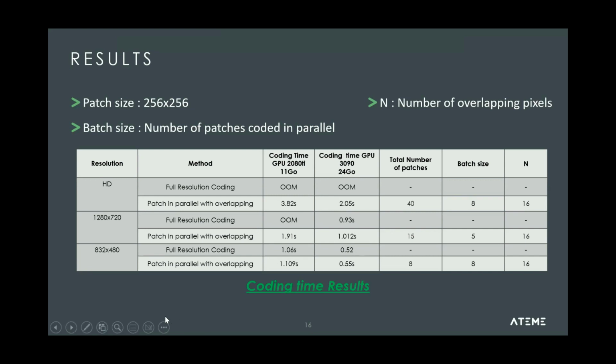But we can observe the same behavior for the third resolution. So to conclude this part, we can say that for high resolution images, our method is necessary, and for low resolution images, our method increases the coding time slightly.